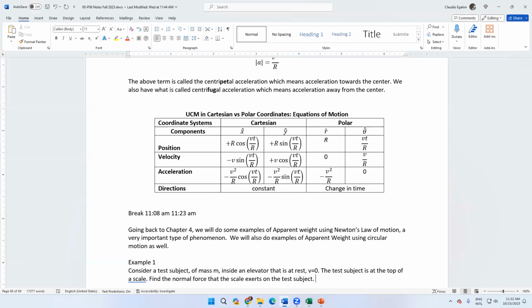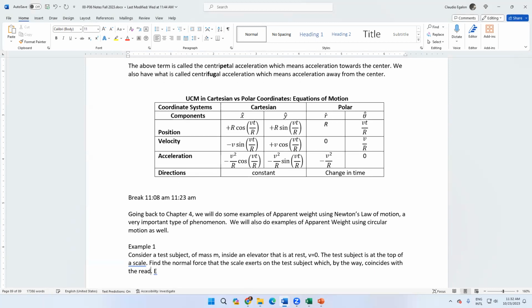By the way, very important: find the normal force, which coincides with the reading of the scale. If you are weighing your mass on top of a scale, whatever the scale shows you is, in reality, not your weight.